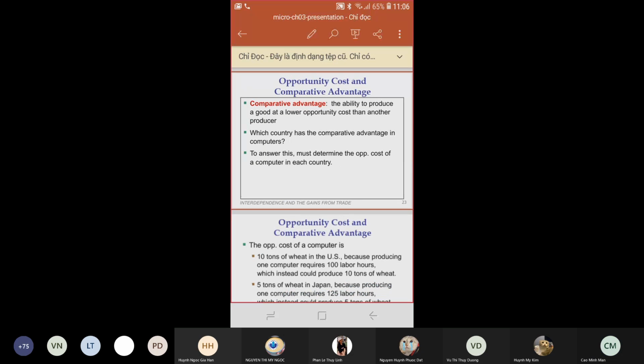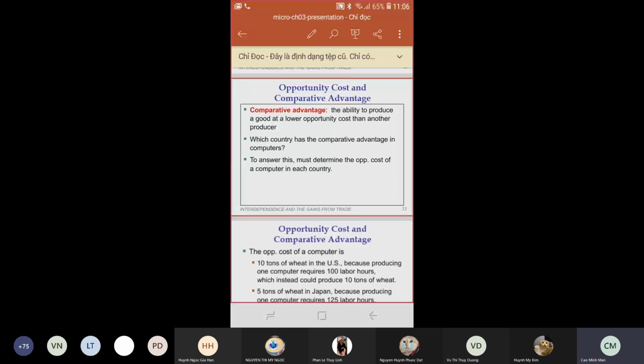Again, the definition. A country has comparative advantage in producing products in comparison with another country if this country can produce product A, for example, with lower opportunity cost in comparison with that of another country.